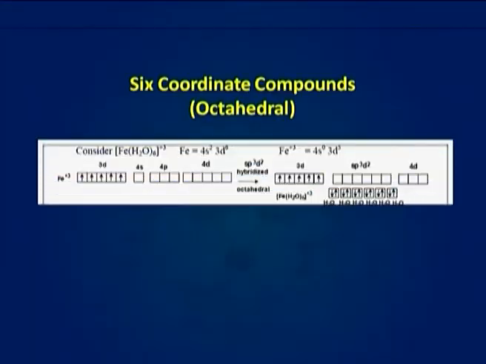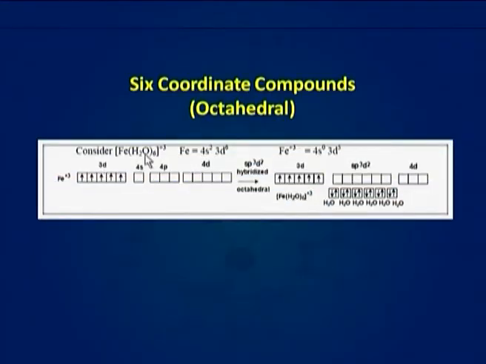Now we will discuss another example of a 6 coordinated complex with a weak field ligand. [Fe(H2O)6]3+. Here also iron is in +3 oxidation state, and here is the configuration of Fe3+. As H2O is a weak field ligand, there will be no pairing of the electrons in 3d orbitals.